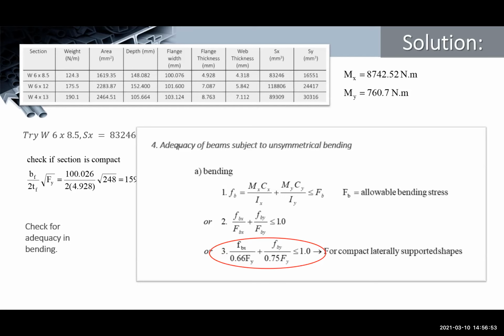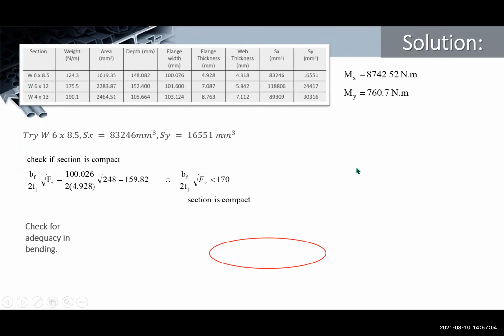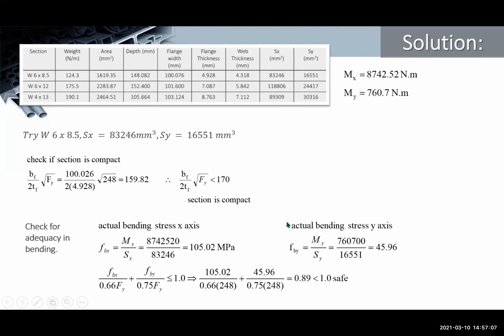Meron na tayong moment. So, meron na din tayong SX saka SY. So, mabilis lang ma-compute yung FBX saka FBY. So, substitute na lang yan. Compute the actual bending stress along x-axis, bending stress along y-axis, and then substitute. Now, here, if you notice, yung interaction value natin is 0.89, less than 1.0, so the section is safe.